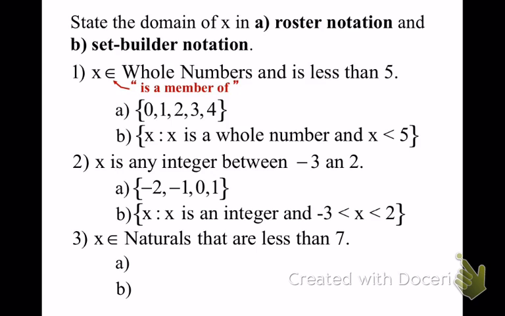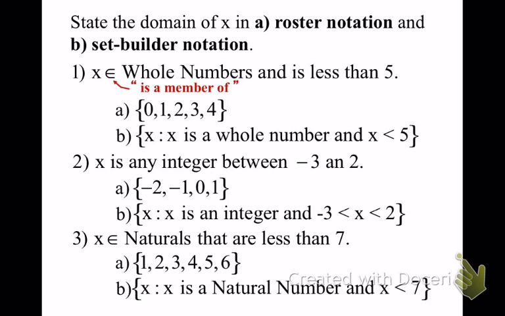Okay, roster notation for naturals that are less than 7. Matthew. 1, 2, 3, 4, 5, 6. Good. And then set builder notation for part B. Connor. X is such that X is a natural number and X is less than 7.